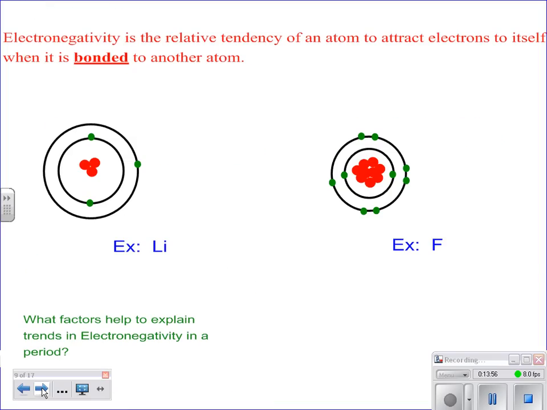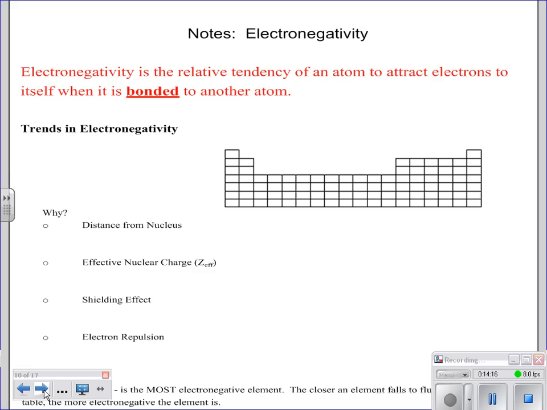And then if we were to look within a period, what we end up seeing here is that you've got lithium or fluorine, 1 valence electron, 7 valence electrons, 1 full outer shell. So we can see that fluorine is going to be really good at gaining that electron. And again, we can relate that back to effective nuclear charge.